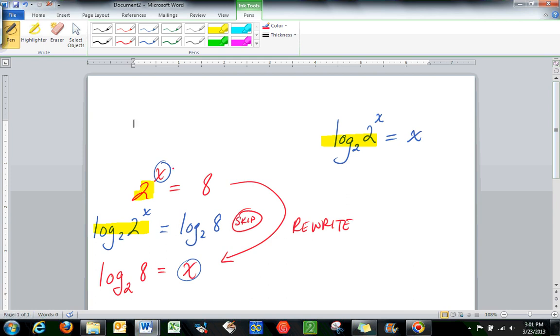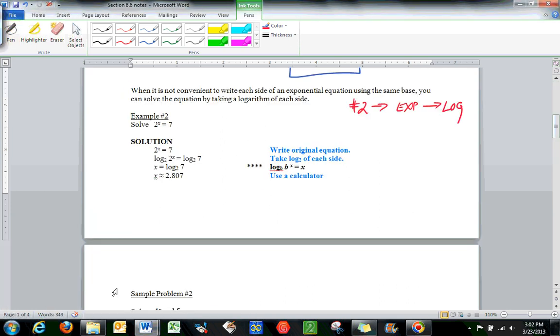Okay, and so if you're comfortable rewriting exponents to logs, this is a very important skill that we should have learned in a previous section, and that's going to help us solve this exponential equation. So let's go back and take a look at some of the examples and work a couple problems ourselves.